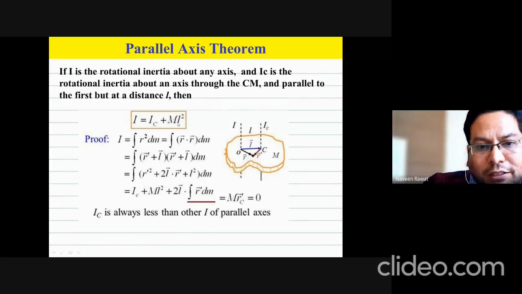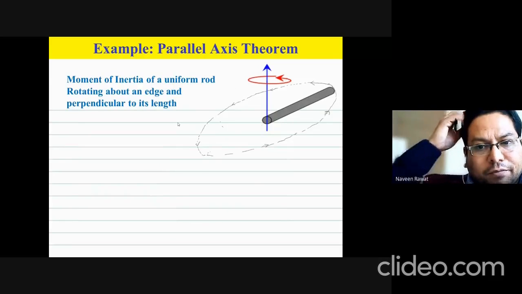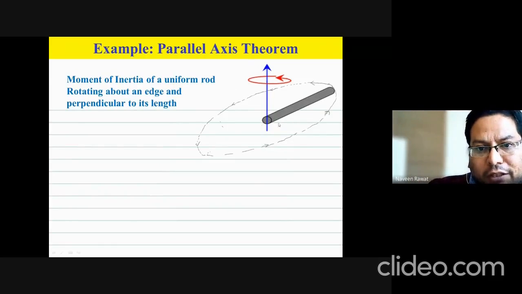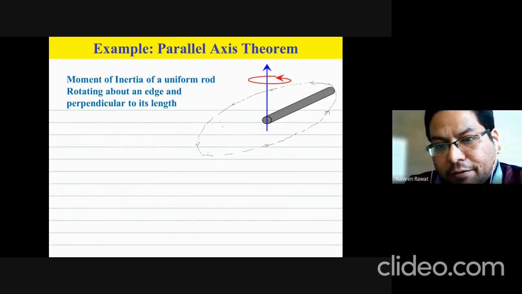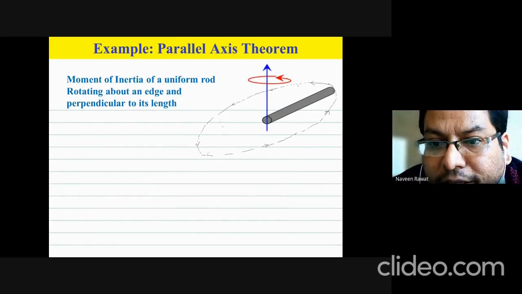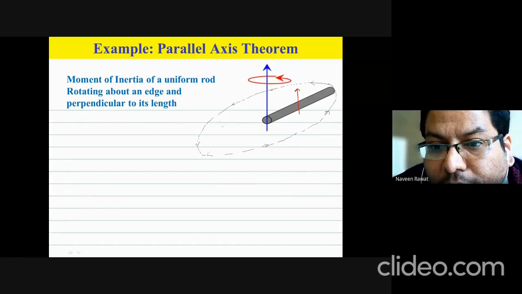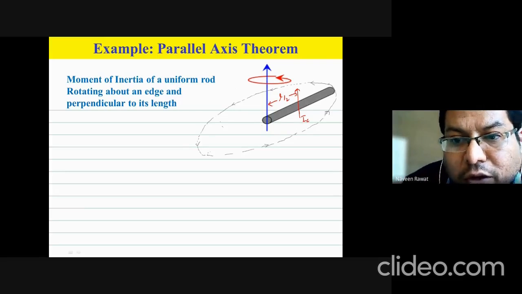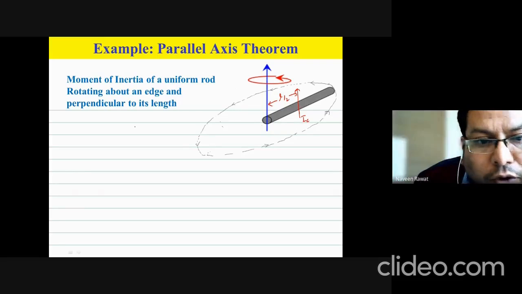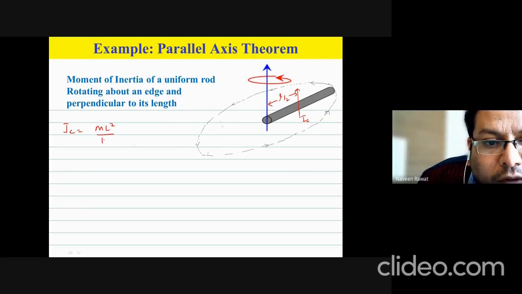So let's apply it to a real case. We just did the case where we had the uniform rod that was rotating about this axis, right? And if you notice, this axis is parallel to the axis that is going through the center, and it is at a distance of L by 2 from the center axis, and we had already calculated the value for the I of C. I of C was ml square by 12, right?